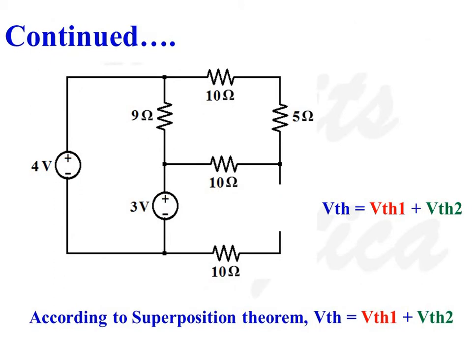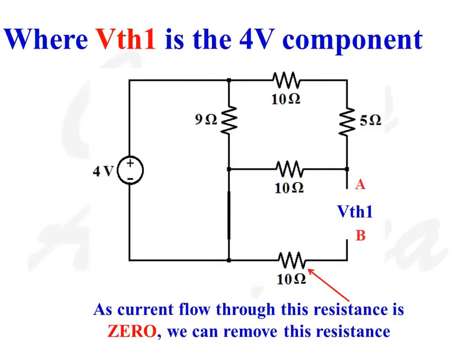So VTH1 is the component of VTH due to 4 volt source. Now we are going to find VTH1.